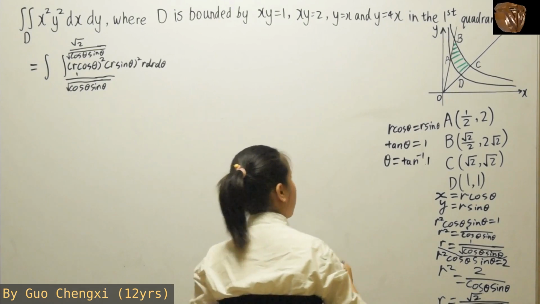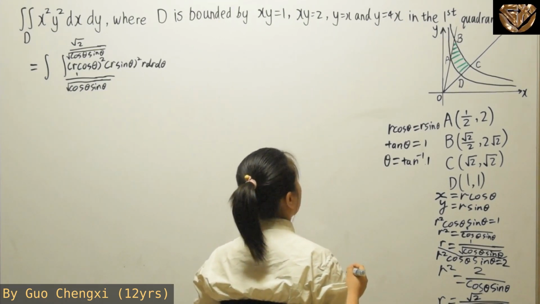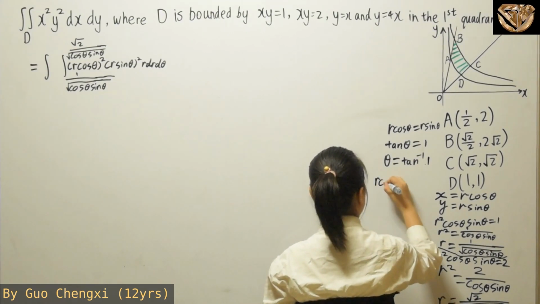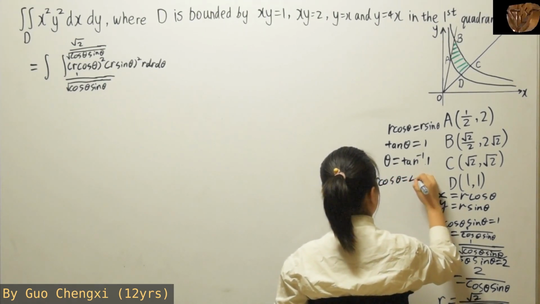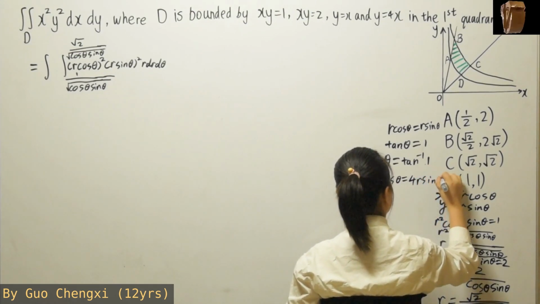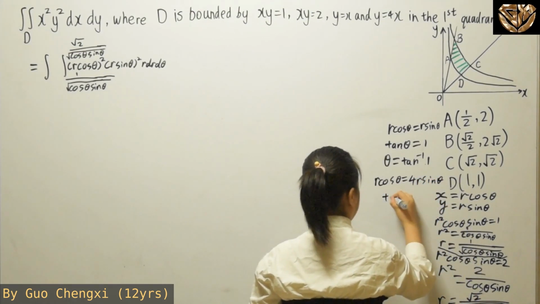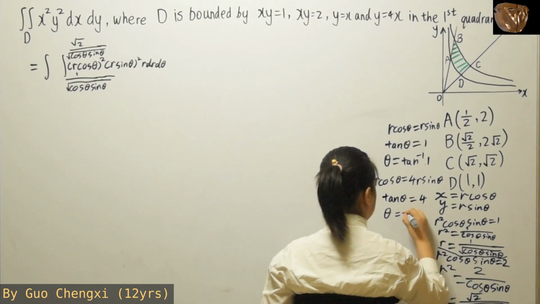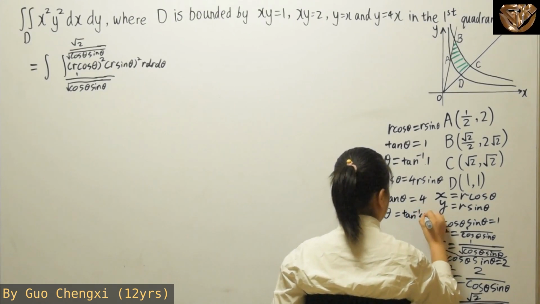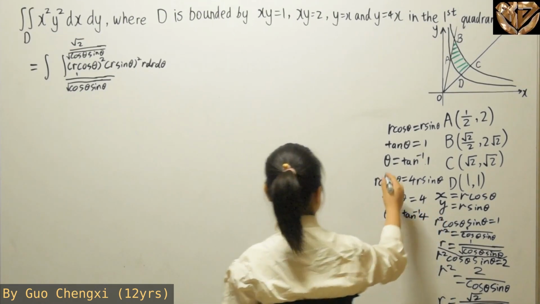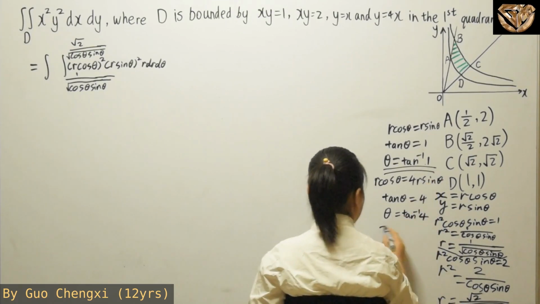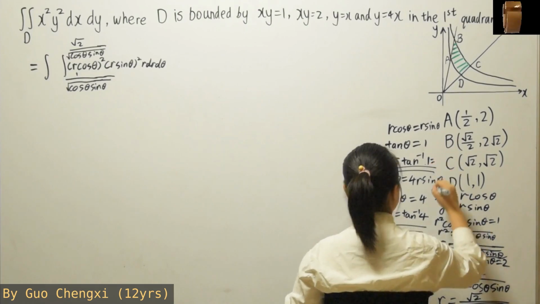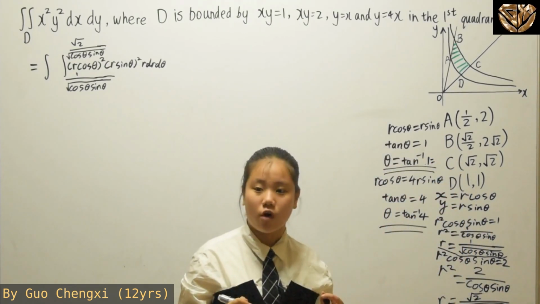Then for y equals 4x, it will be r cosine theta equals 4r sine theta, and we'll have tangent theta equals 4, so theta will be inverse tangent 4. Our boundary will be from inverse tangent 1 to inverse tangent 4, and we can clearly tell that inverse tangent 1 is pi over 4.